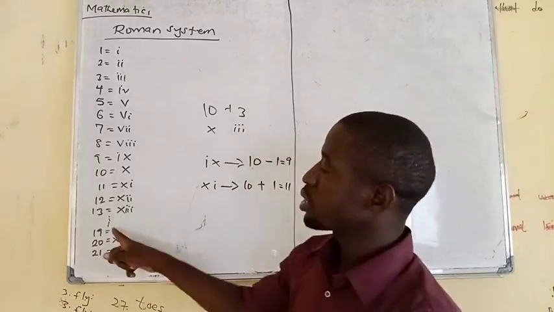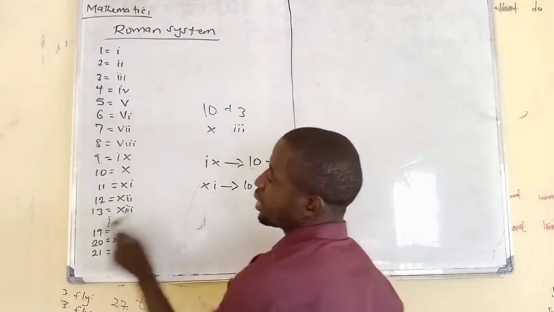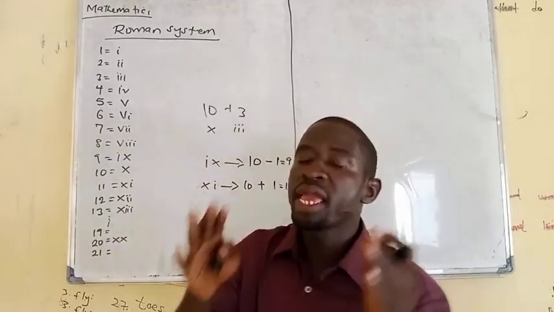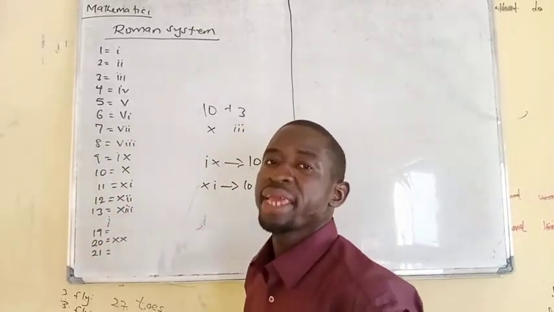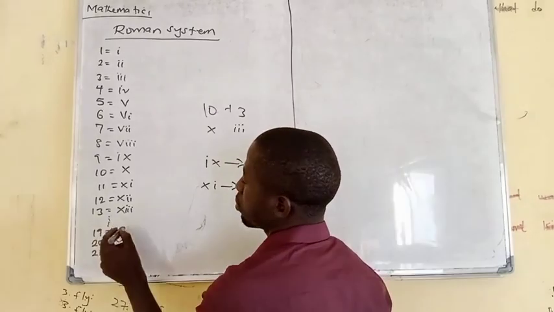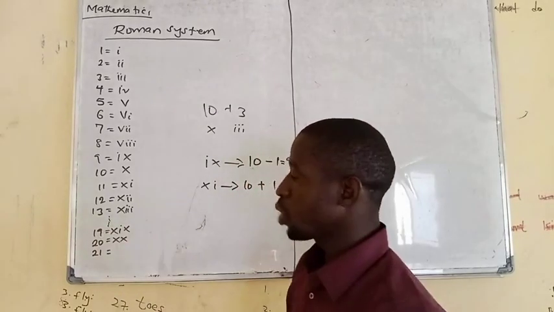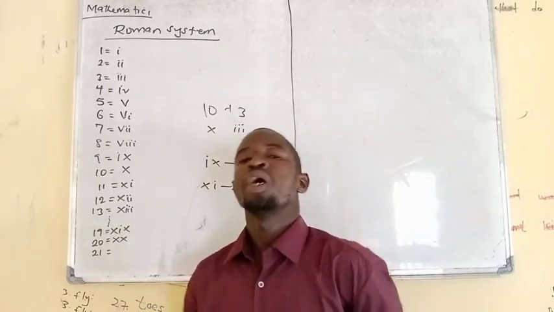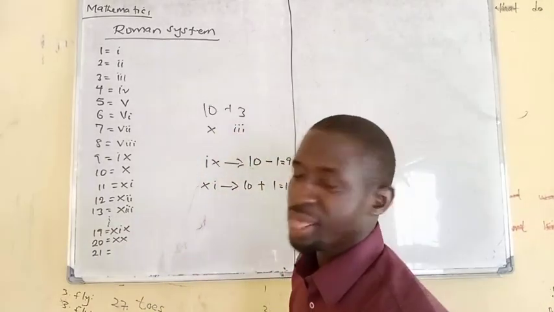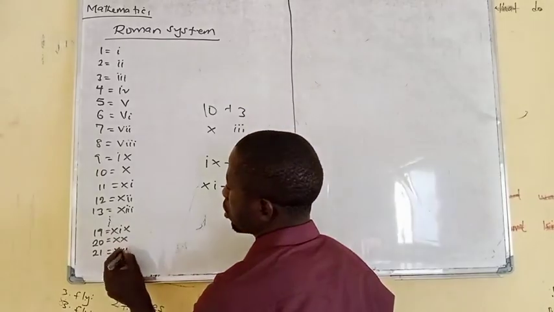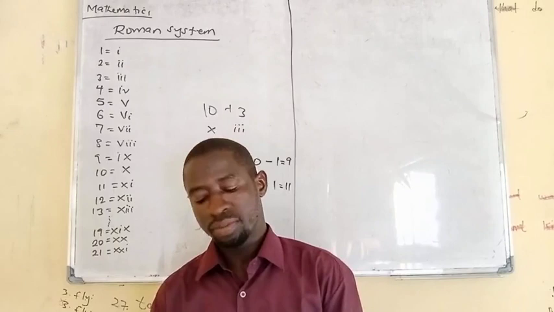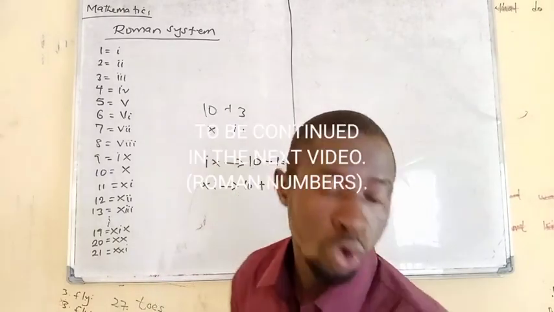So 19 should be what? 19 is just like 10 plus 9. 10 is X, 9 is IX, so it is XIX. Then 21 should be XXI, because 20 is XX. Likewise 22, 23 and the rest. Let me just go directly to 30.